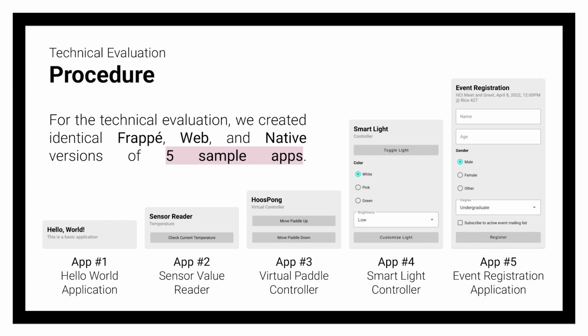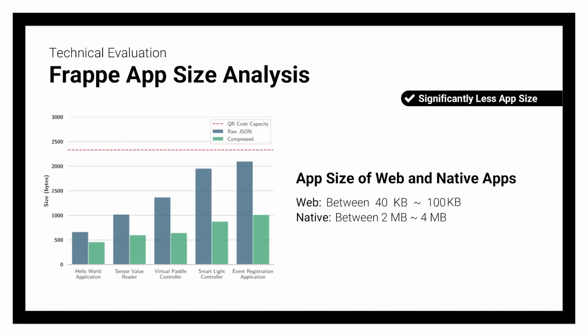We performed a technical evaluation of our framework where we compared the performance of 5 sample Frappé apps against identical web and native applications. Since only the UI metadata of an app is stored in our framework, it results in significantly less app size, which can be stored within a QR code. Web and native apps, on the other hand, weigh significantly higher because of various framework overheads.